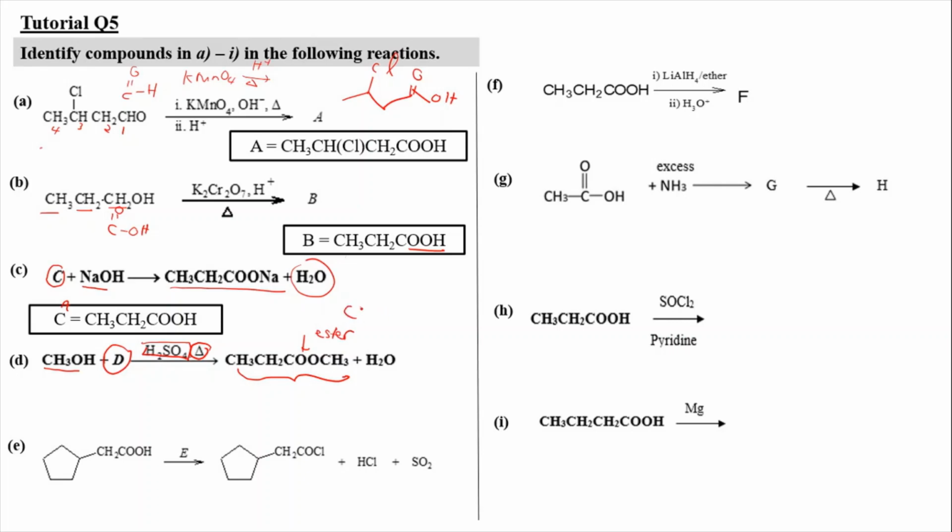So the structure is going to be CH3CH2, C double bond O, O, CH3. So you know that this structure here refers to an ester functional group. The class of the compound will be ester.